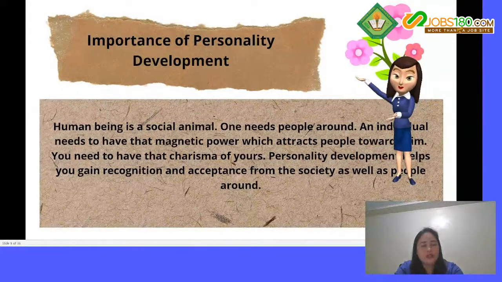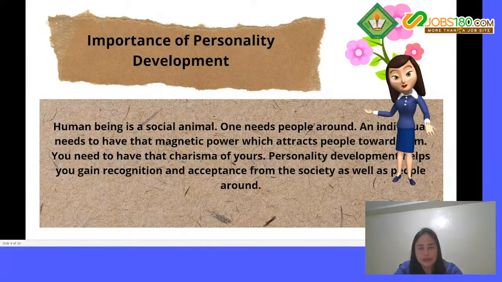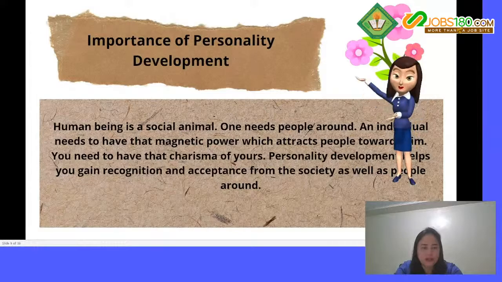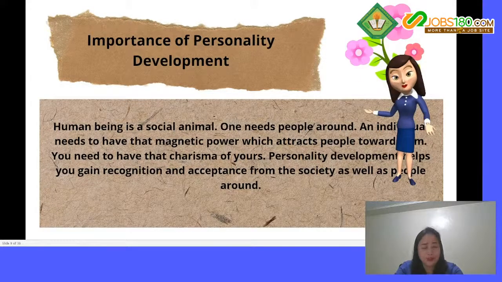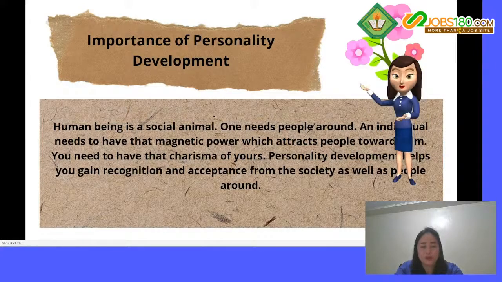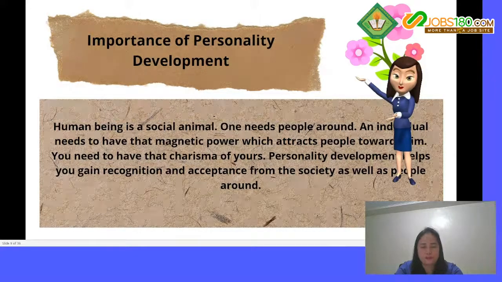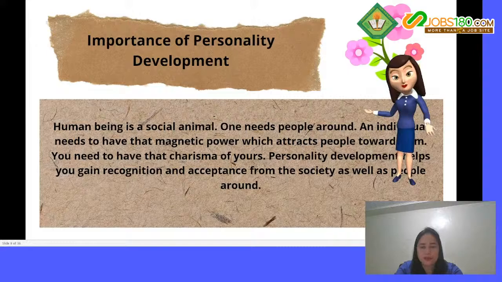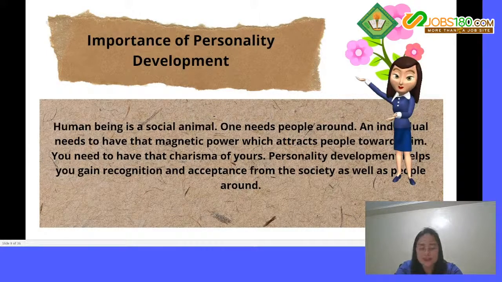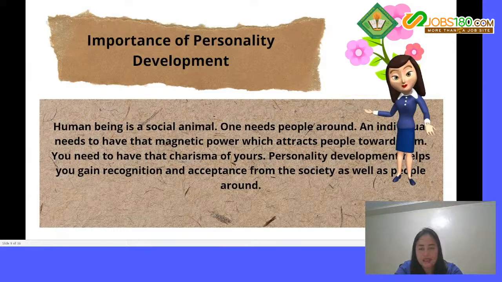Human being is a social animal. One needs people around. An individual needs to have the magnetic power which attracts people towards him. You need to have that charisma of yours. Okay. Personality development helps you gain recognition and acceptance from the society as well as people around.